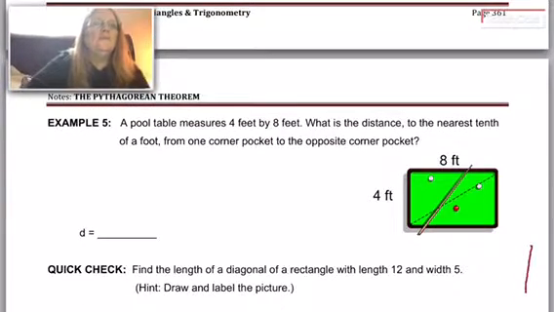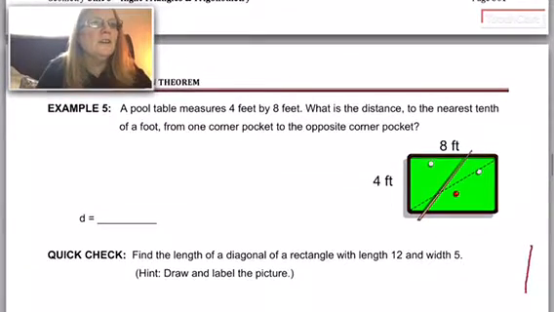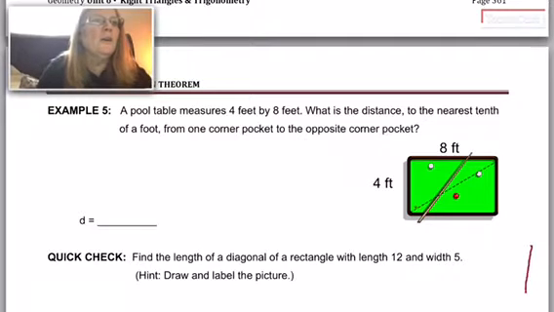All right. A pool table measures 4 feet by 8 feet. What is the distance to the nearest tenth of a foot from one corner pocket to the opposite corner pocket? So again, this is just going to be a right triangle problem. When they say to the nearest tenth, that means use your calculator to get an approximate answer. So this is 8 and 4.